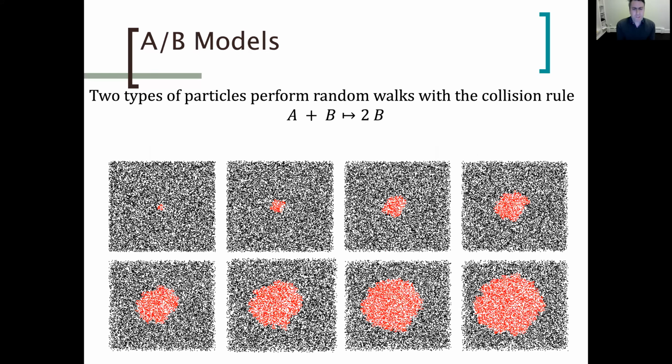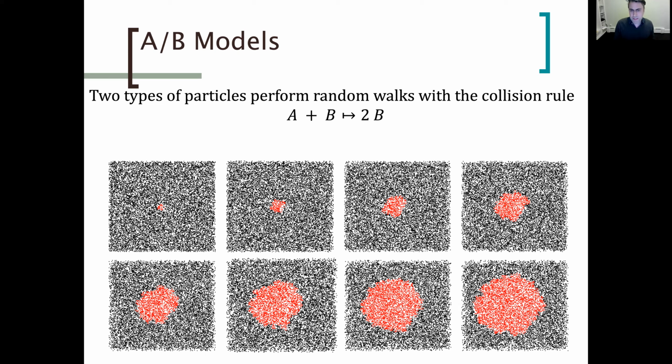And so this fits into another class of models that's been studied more, that I'll also tell you some new results about. These go by different names. Sometimes they're called A-B models, which would correspond to a susceptible type and an infected type.